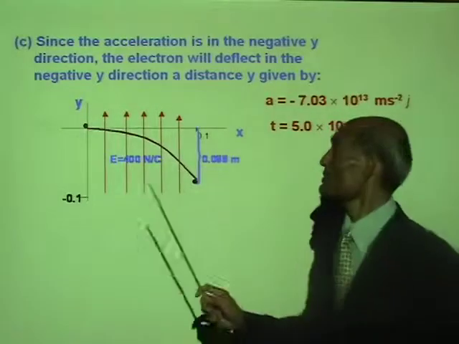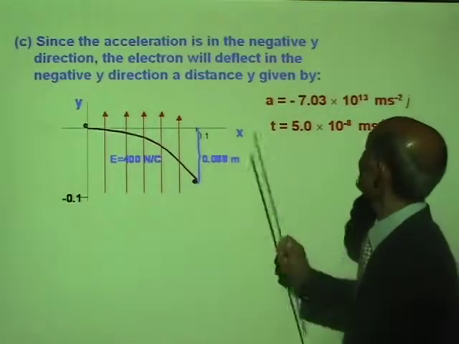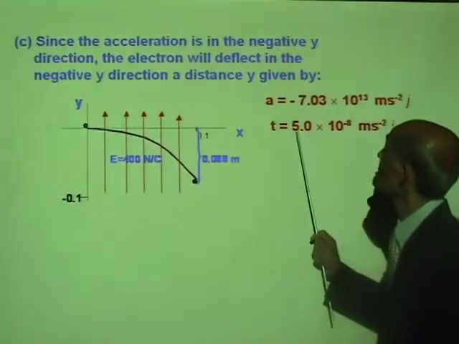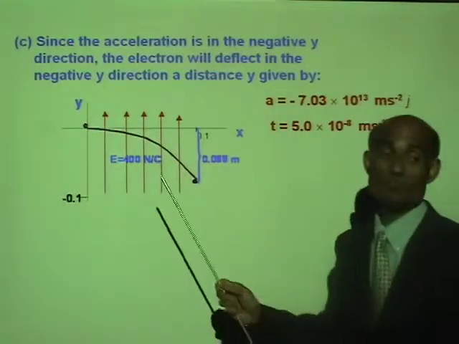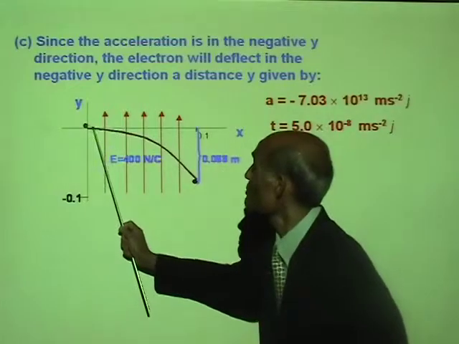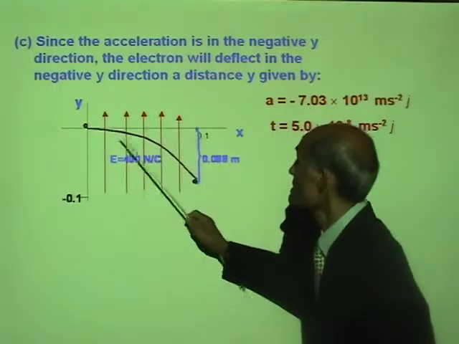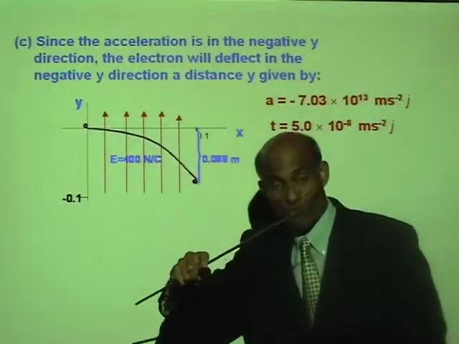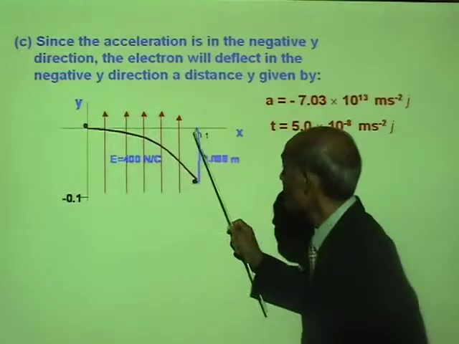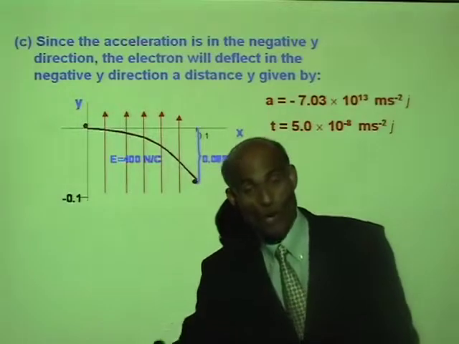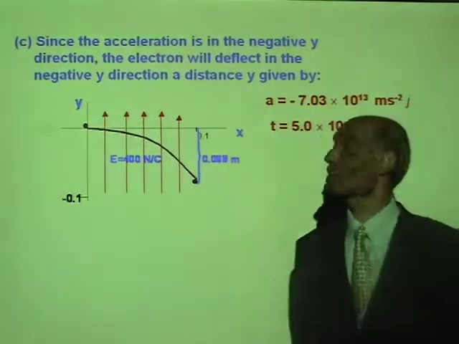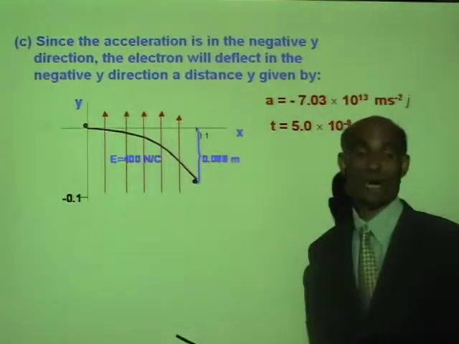We calculated the time, 50 nanoseconds, which is 5 times 10 to the negative 8 seconds. While it travels a horizontal distance of 10 centimeter, it is also falling at the same time. We need to find that fall of the electron. How much did the electron fall? Now, how do we do that?